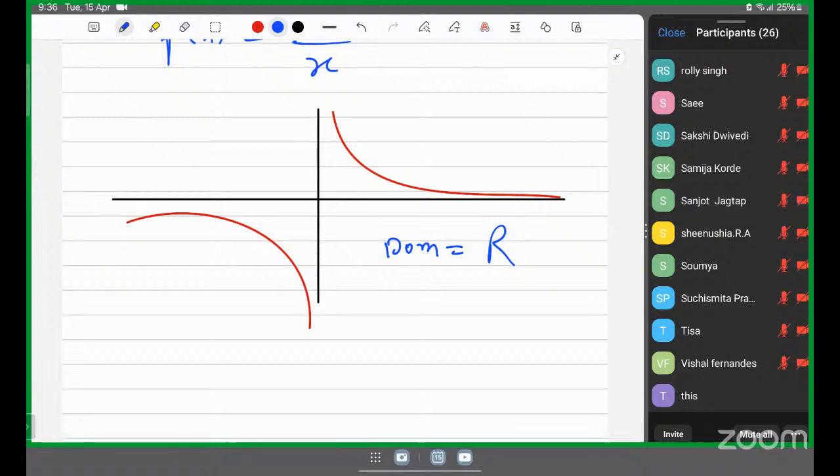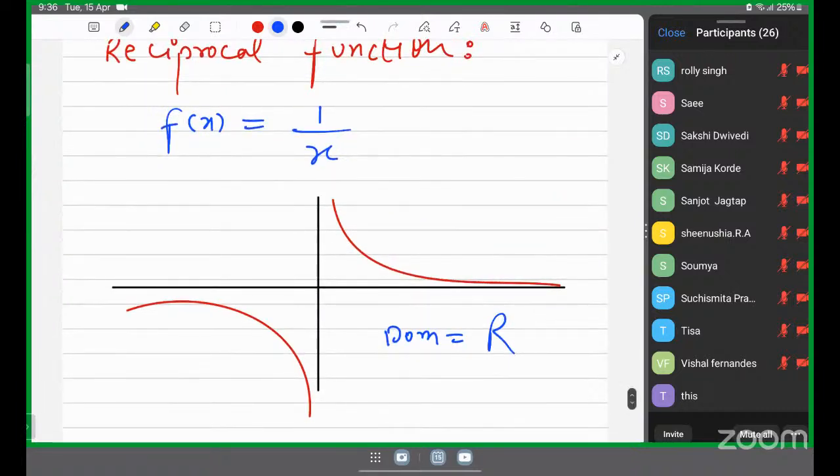If you take x equals to 0, it will be 1 by 0, which is not defined. So domain means possible values of x for which the function is well defined. In this case, 0 is the value at which the function is not going to be well defined. So we will have to remove 0. So domain will be all real numbers except 0. Domain will be R minus 0.